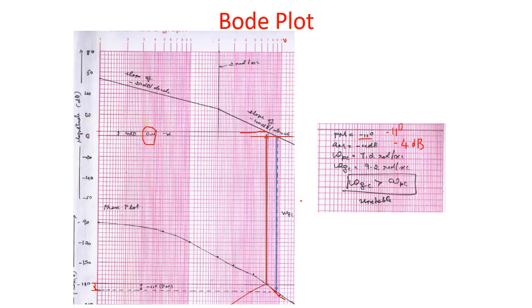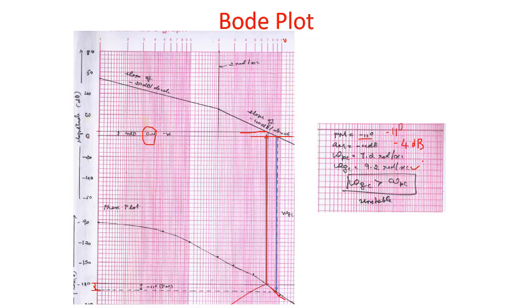So the gain crossover frequency, where the magnitude line is crossing the 0 dB line, that one we call the gain crossover frequency. That value is 9.2 radians per second. Then where we have the phase crossing with the minus 180 degree line, that one we call the phase crossover frequency, and it is between 7 and 8, which we have told you earlier.